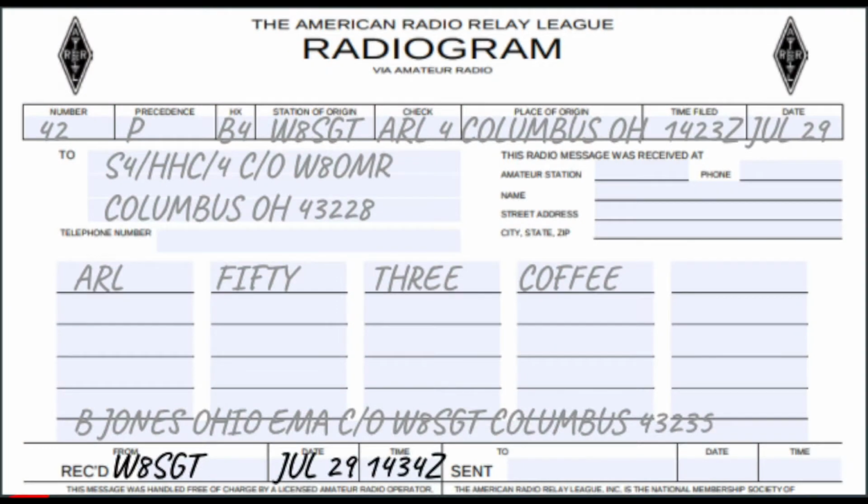Now we can see that this message needs action at station W8THV because the received box is complete. We have received this message. We take a look at the 2 up in the top area, sort of to the left, and we can see that it is for some other station or some other person. And when we look at the bottom right, sent is empty.